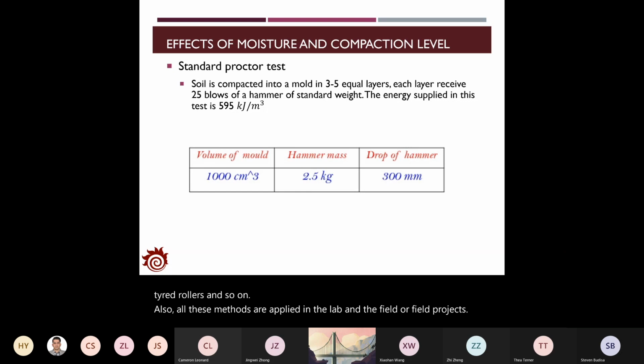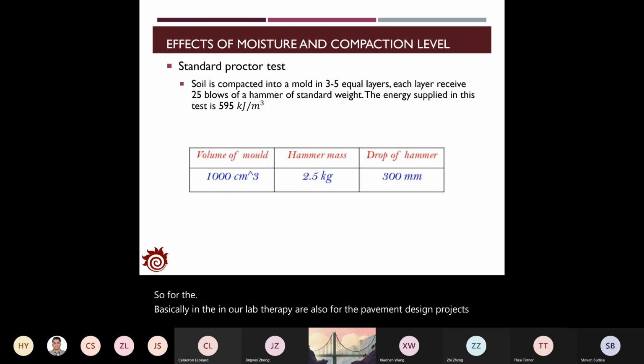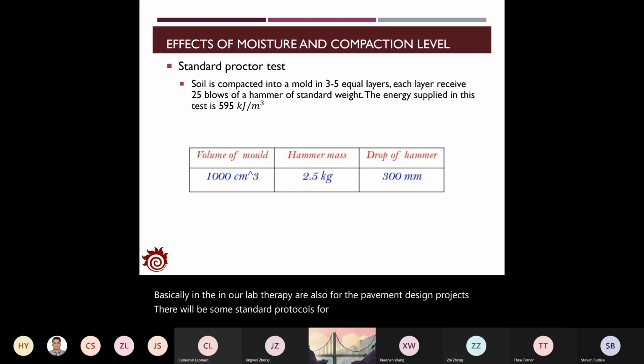Basically in our lab, and also for pavement design projects, there are standard protocols for us to conduct the compaction. You can check this method for your lab experiment and see whether you are doing the experiment correctly or not.